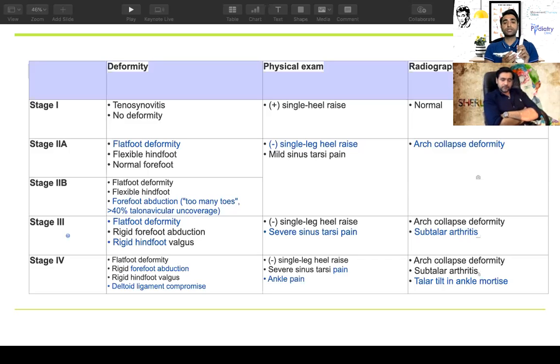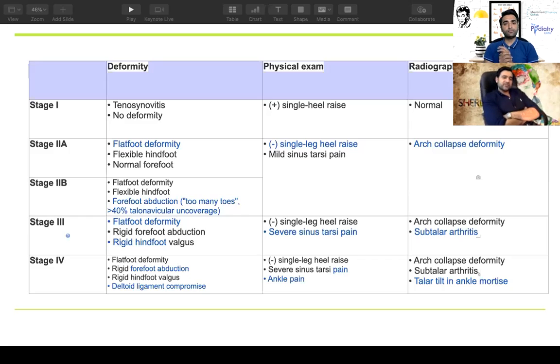You start to see a fixed sort of articulation of the joints. And yeah, I've never been able to get somebody to do single heel raise in stage 4. They have severe pain, severe ankle pain, arthritic pain in the ankle as well. So often you find that patients who have got a stage 4, their foot is going outwards, and that's the sort of position that they're in. Stage 4 is really bad.